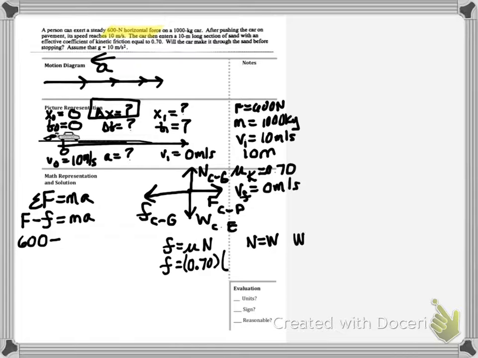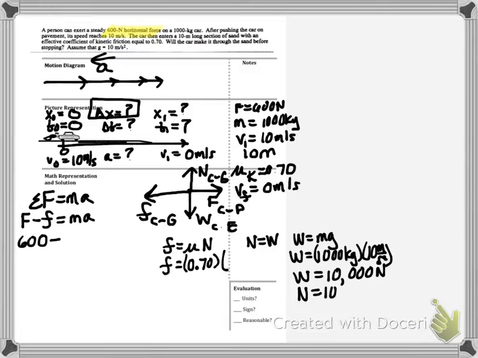And so I can go calculate the weight equals mg. And this car, I already wrote down, is 1,000 kilograms. That's what m stands for, mass in kilograms, times the acceleration due to gravity, because I am on Earth, not because the car is actually in free fall. So the weight is 10,000 newtons.